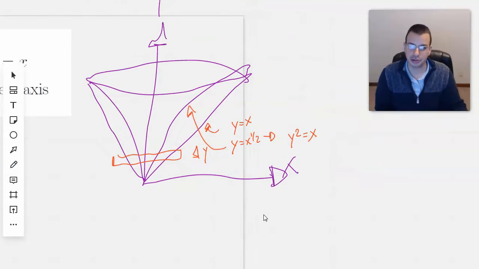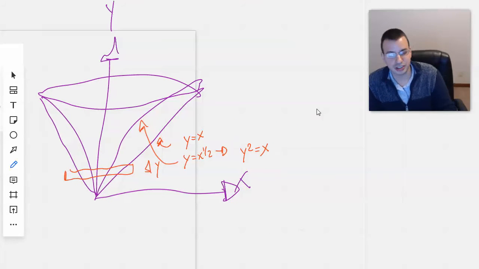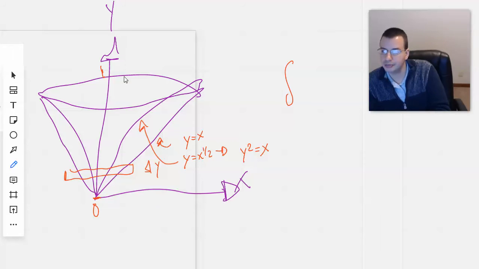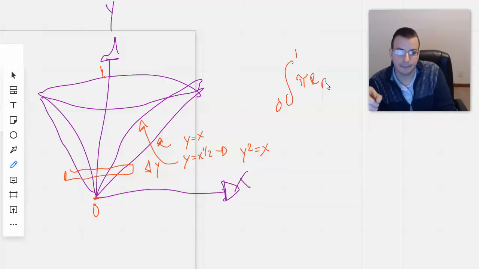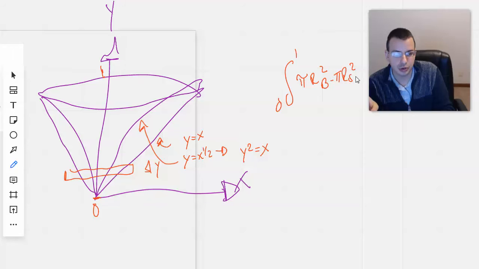And so we are going to subtract the big minus the small. So we'll go from 0 here up to 1. So we'll go 0 to 1 of pi r squared.